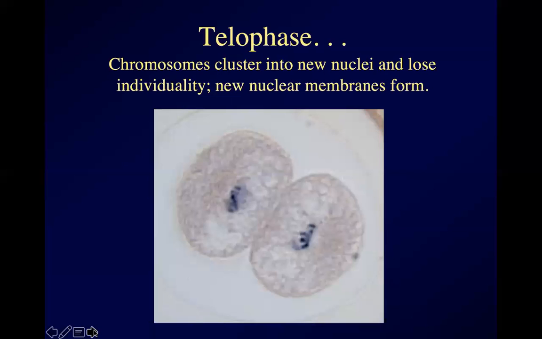You lose the ability to see them as individual things. And the nuclei go back to looking grainy, except now you've got 2 nuclei where you used to have 1. That's telophase.